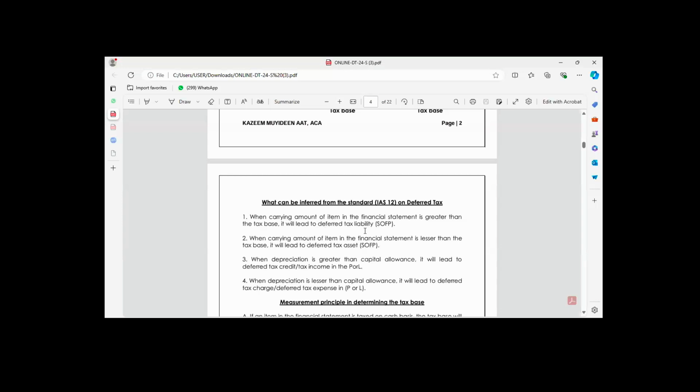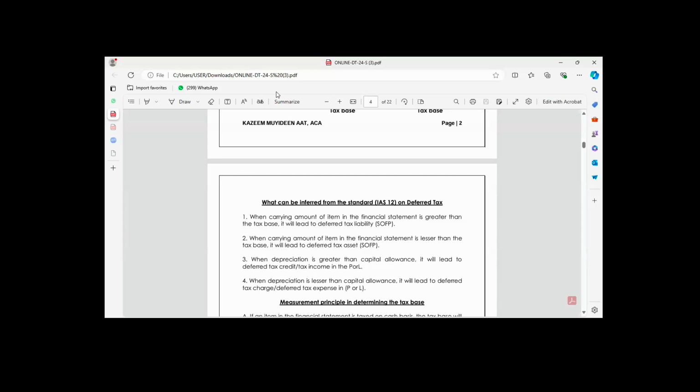Statement of financial position. But if it's otherwise, when the carrying amount of an item in the financial statement is lower than the tax base, it will lead to deferred tax assets, in the statement of financial position. These are the two we are still dealing with.